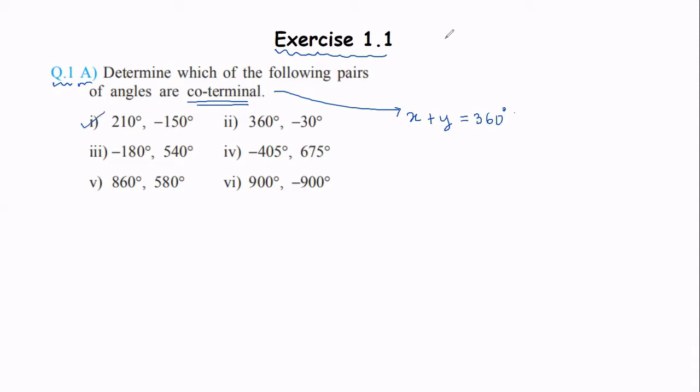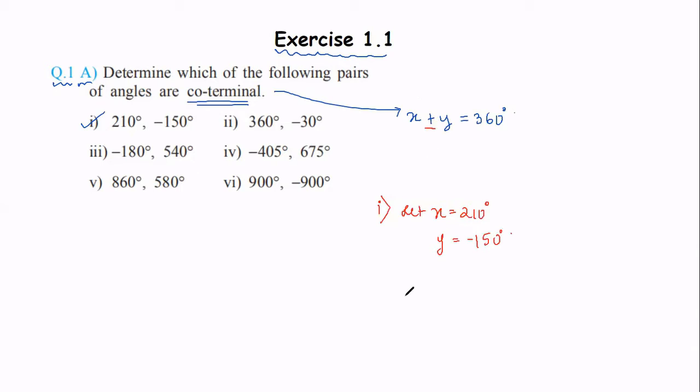So, let's solve example number 1 and try to understand this. First question: let x is equal to 210 degrees, y is equal to minus 150 degrees. Basically, either you have to add or subtract.